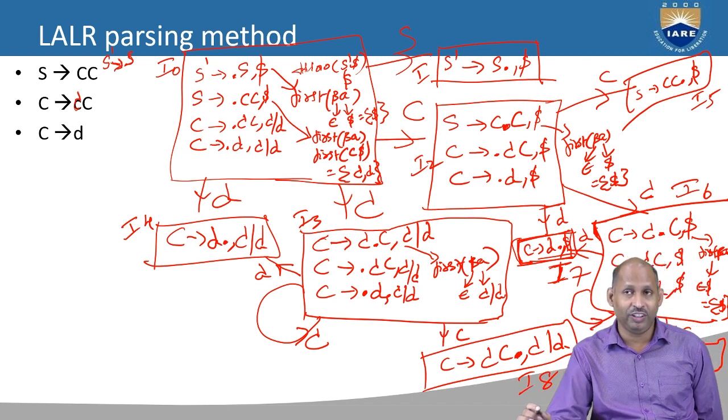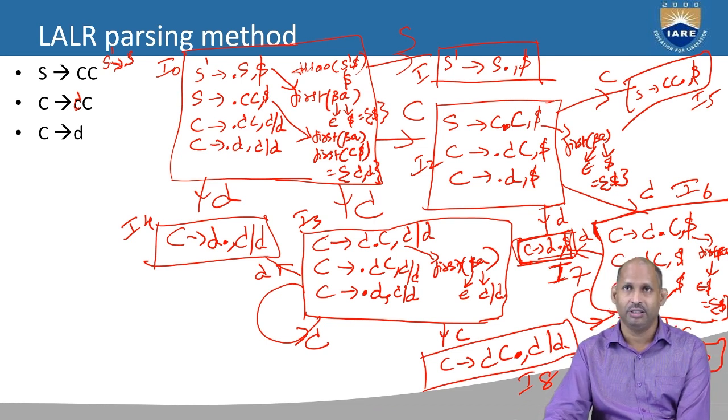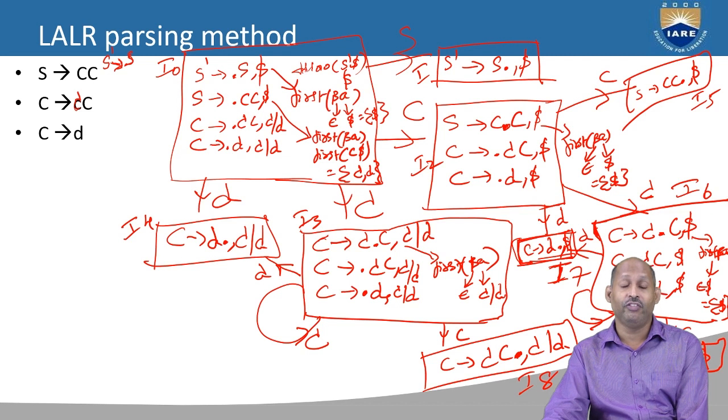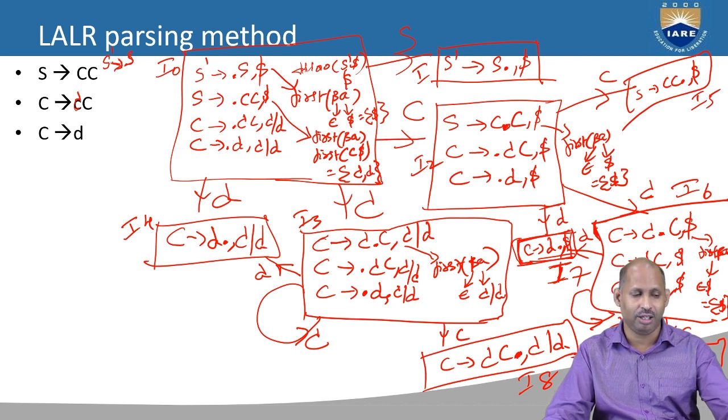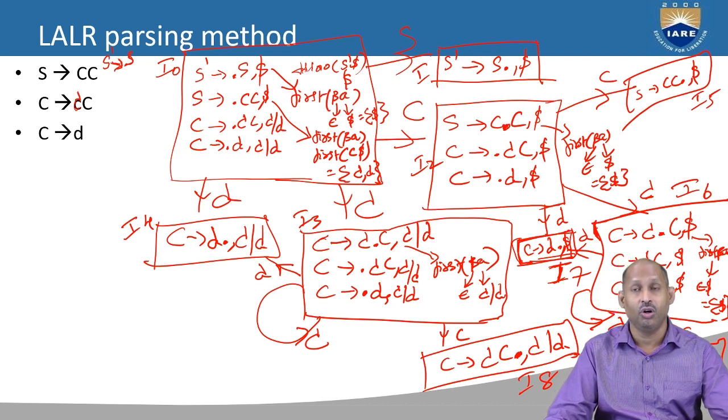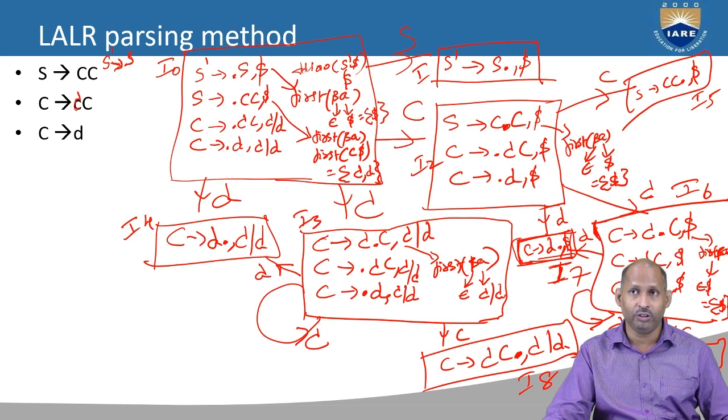If it is canonical LR, we have to consider all the groups I0 to I9. But in LALR, we will check all the groups, finding which groups have the same productions and which have different productions. So we want to find the similar production groups.